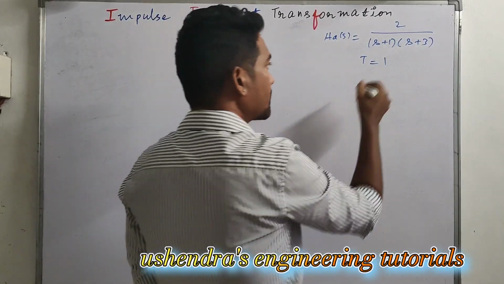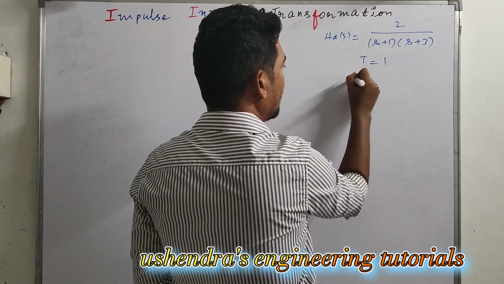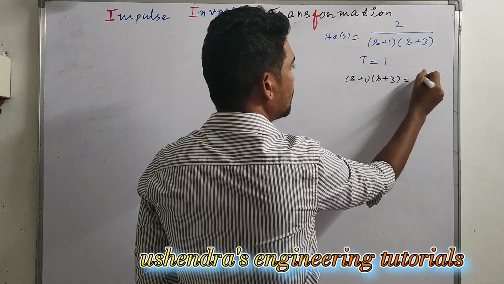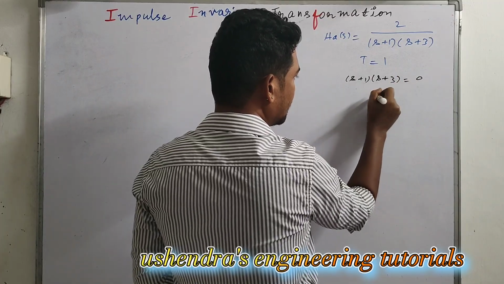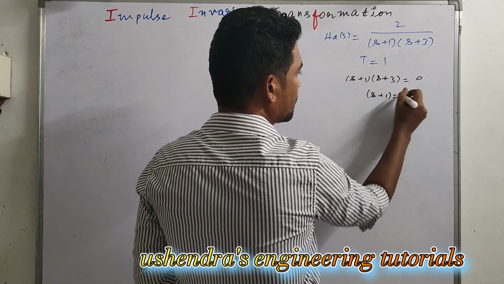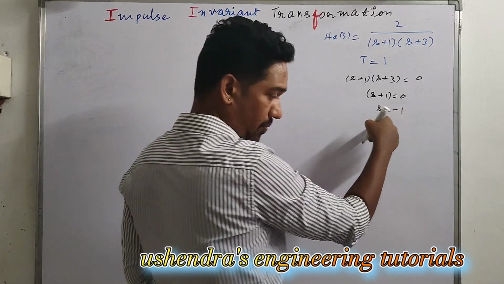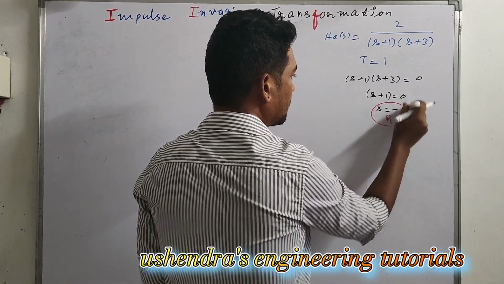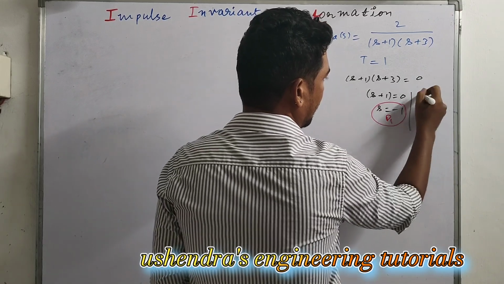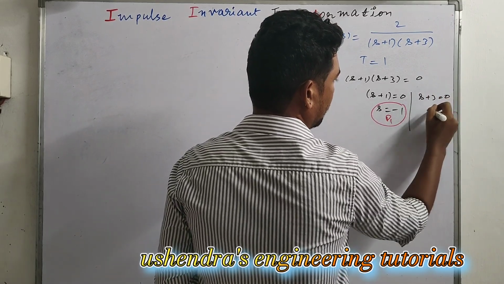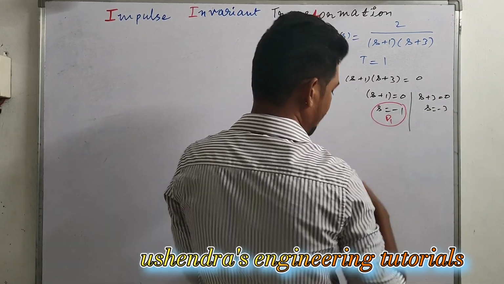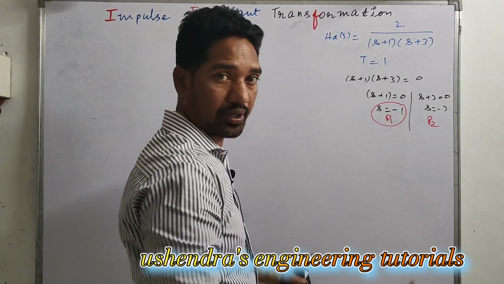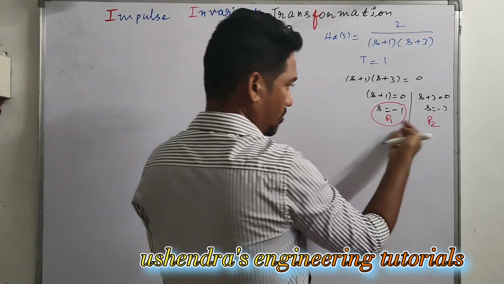The denominator equal to 0: (s plus 1) into (s plus 3) equals 0. s plus 1 equal to 0, s equal to minus 1, one of the roots, and this will be one of the poles, P1. The second factor, s plus 3 equal to 0, s equal to minus 3, and this is another pole, P2. This is the information for location of poles and number of poles: 2 poles.